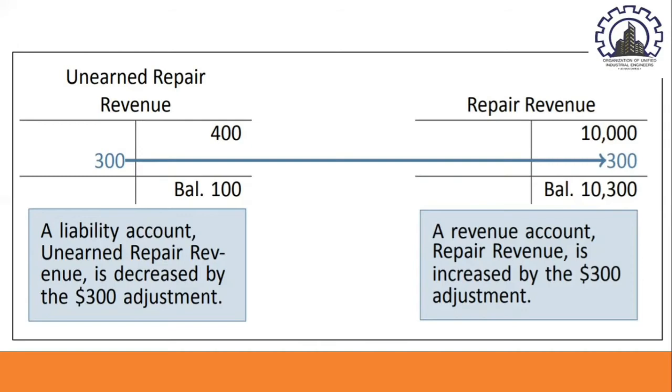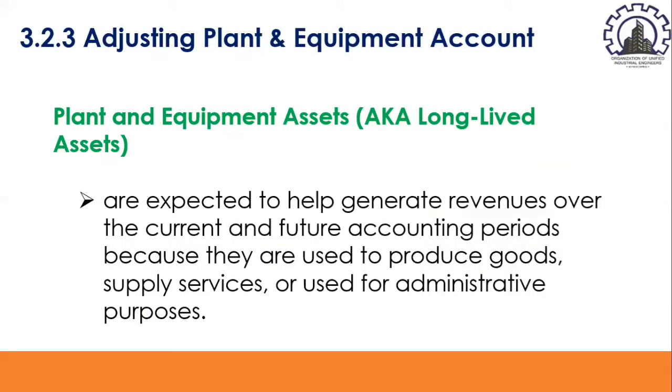And the next key subtopic that we're going to be discussing would be adjusting plant and equipment accounts. Now, if we say plant and equipment assets, these are also known as our long-lived assets, and these are expected to help generate revenues over the current and future accounting periods because they are used to produce goods, supply services, or even used for administrative purposes.